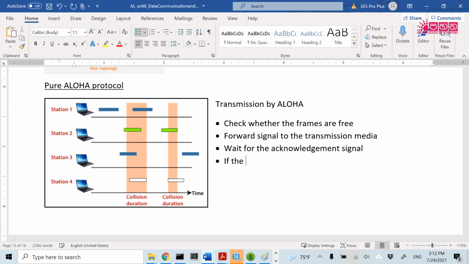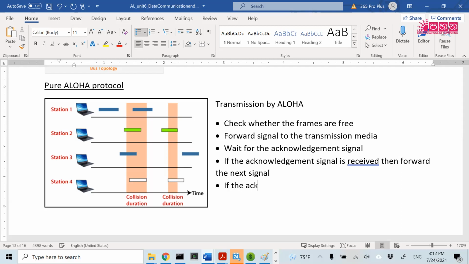If the acknowledgement signal is received, move on to the next thing.